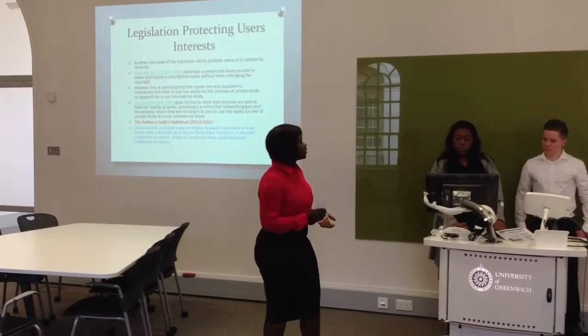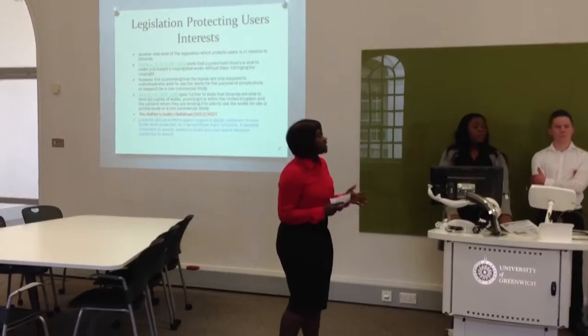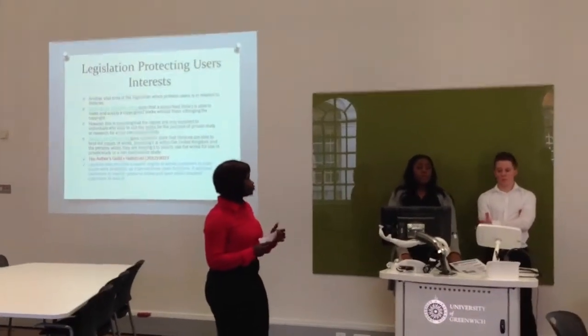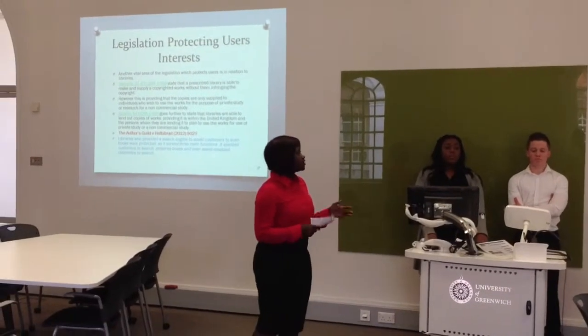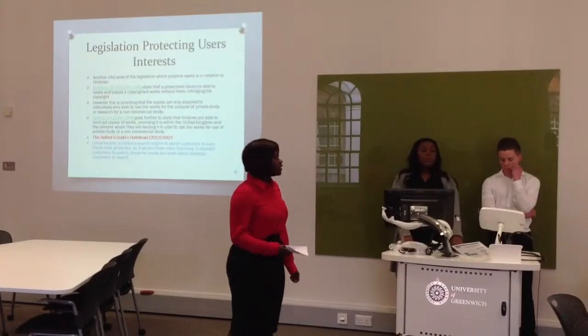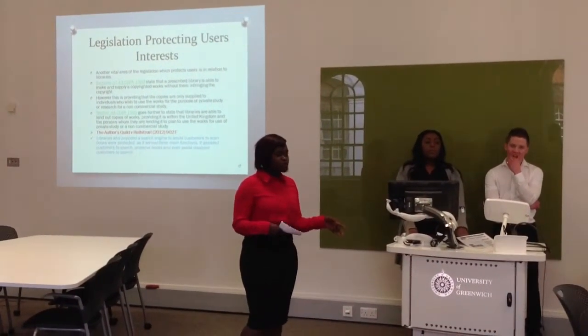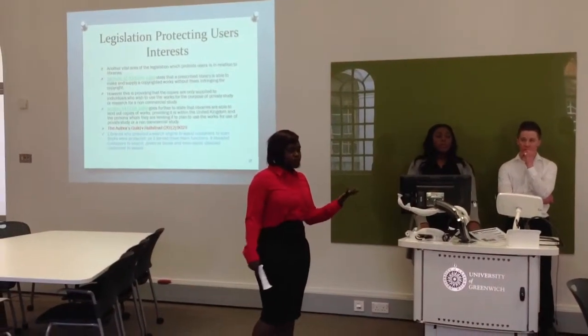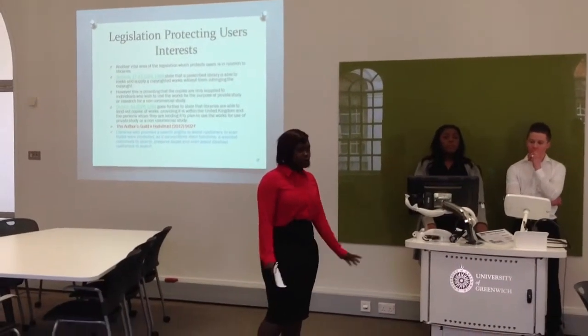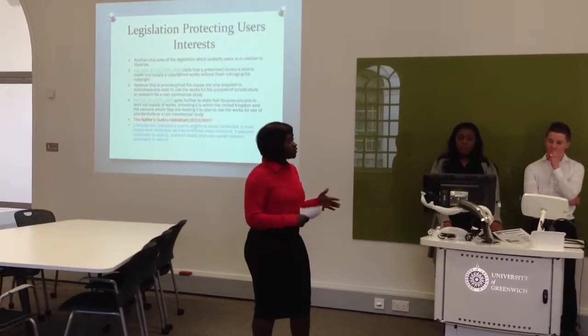Section 44 of the Copyright Act 1988 goes further to state that libraries are able to lend out copies of the work, provided that it is within the United Kingdom, so they can't go out to America or Japan or another country to provide the copyrighted work.